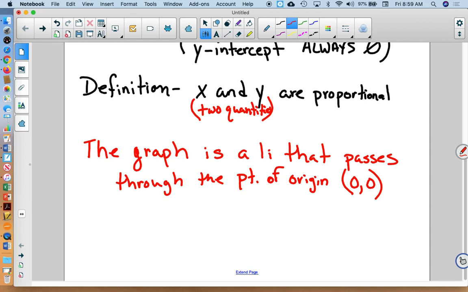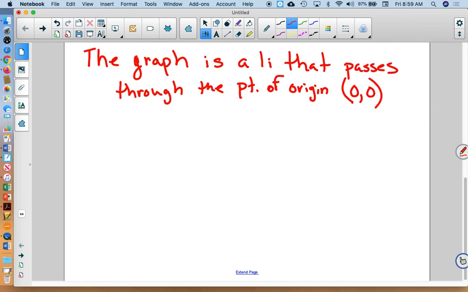Now, let me give you this, and we're going to work a couple. What if I tell you I have a set of points, and my point is 2, 6, and they are proportional, they have a direct variation.